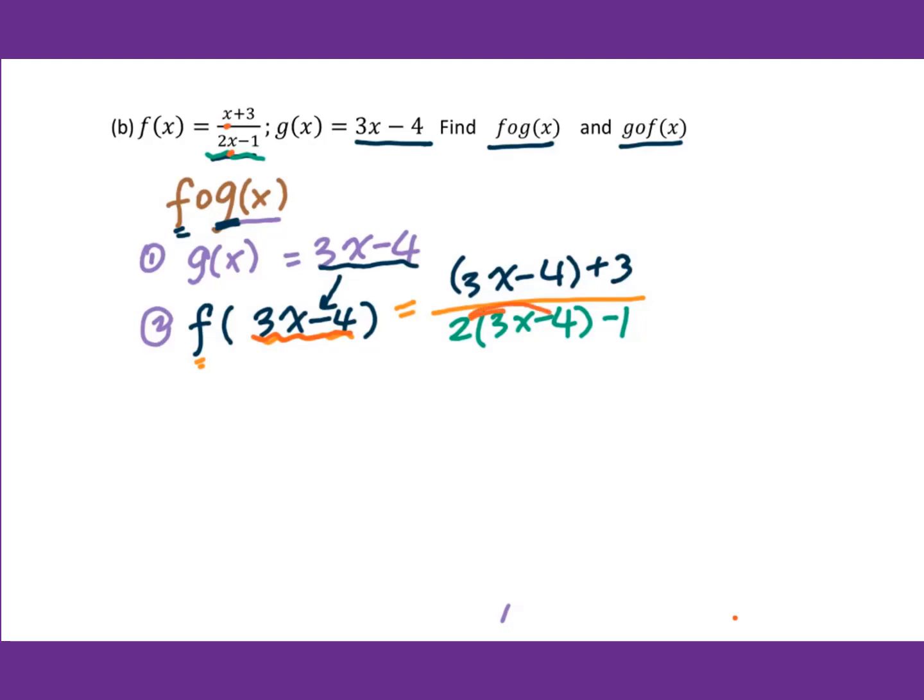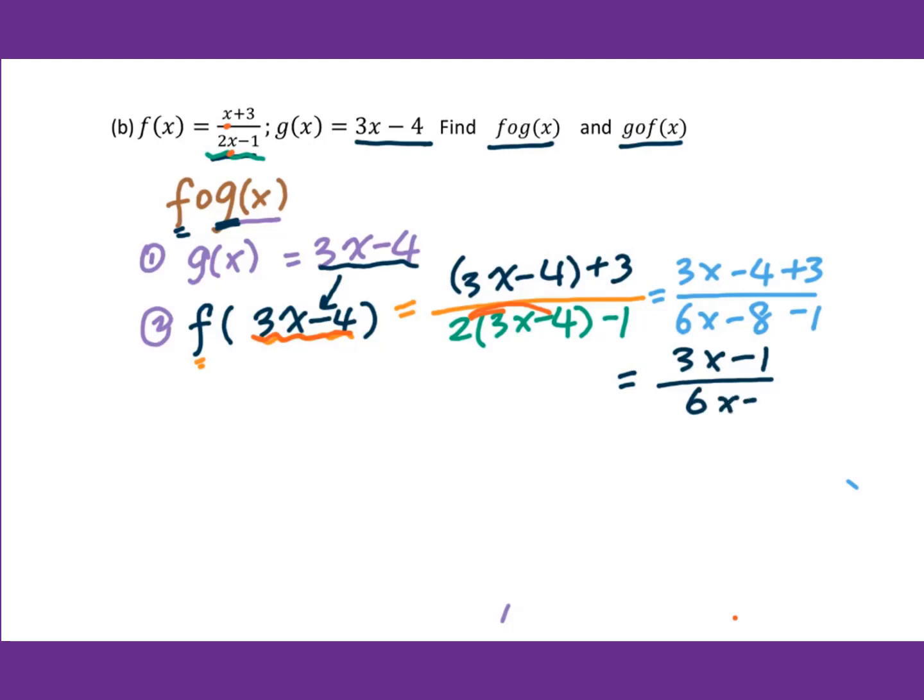Then we do distributive property. You will get 3x minus 4 plus 3. Nothing before parentheses, just break down the parentheses. We got 6x minus 8 minus 1. So we got 3x minus 1 and 6x minus 9.